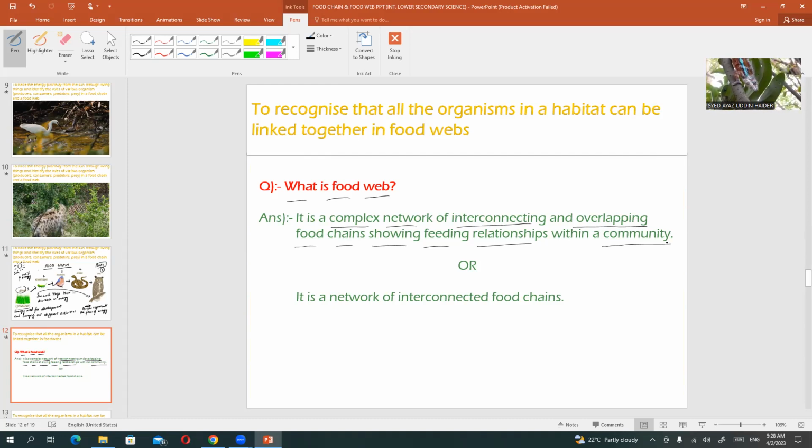So the food web shows a relationship between different organisms. You can also define food web in this way. It's a network of interconnected food chains. This will be an easier definition for you.